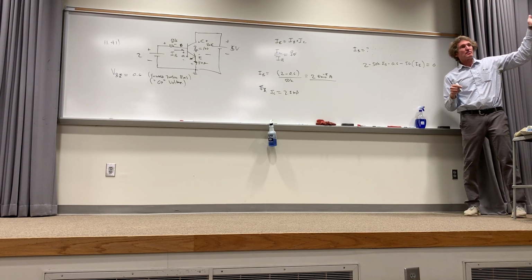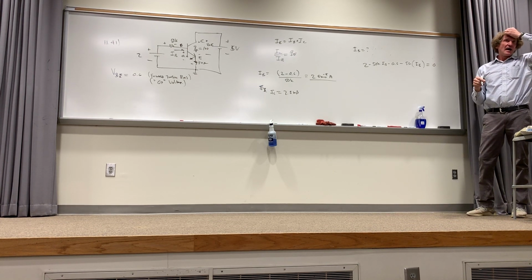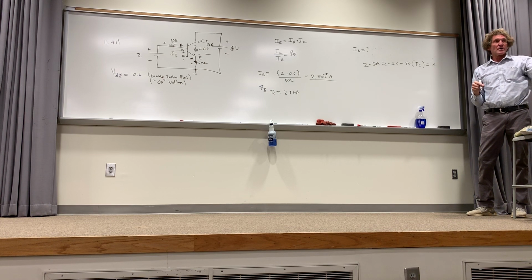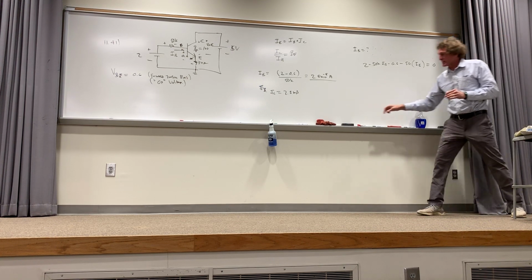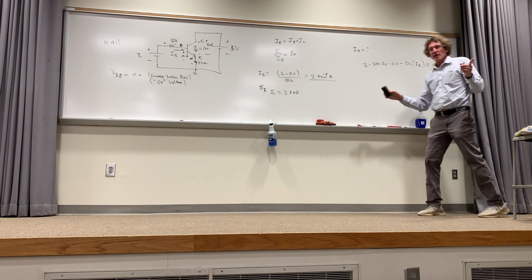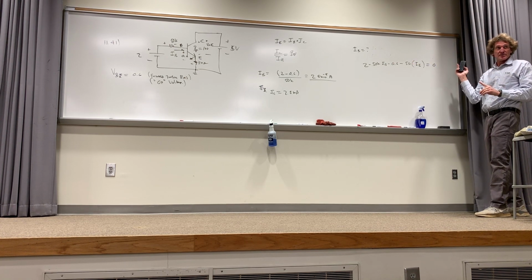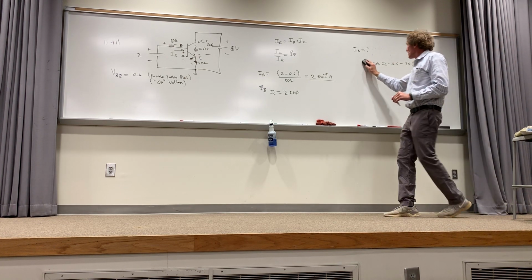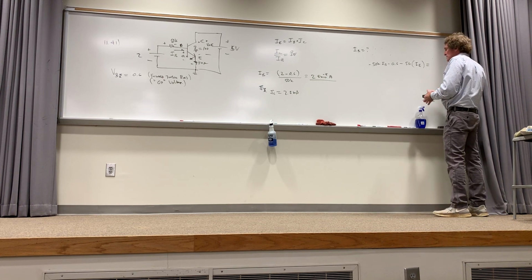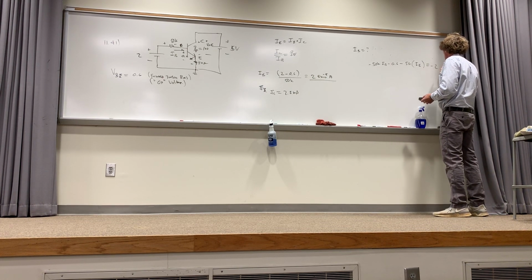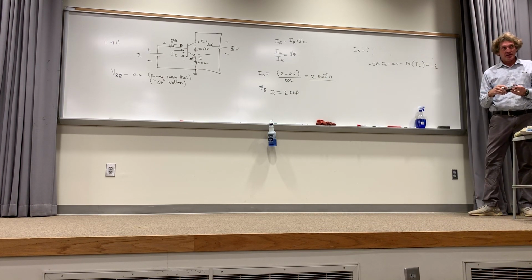I do this on purpose because sometimes I thought I was clear, but I wasn't. And if I know I wasn't clear, I'll try to come back and correct it. Everybody got that? Now, the next thing, and you kind of know me, I'm going to take that 2 to the other side. Does that make sense? What am I going to do after that? So this becomes minus 2. You know me, you'll know. Anybody? Get rid of the negatives.